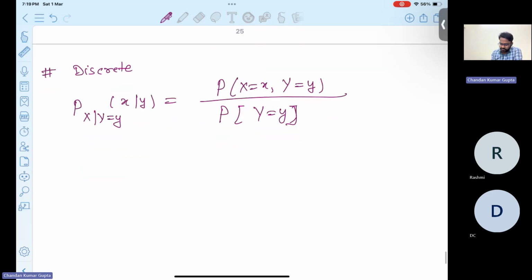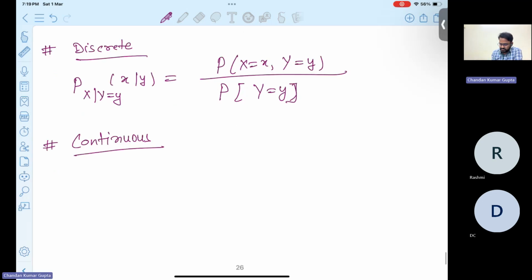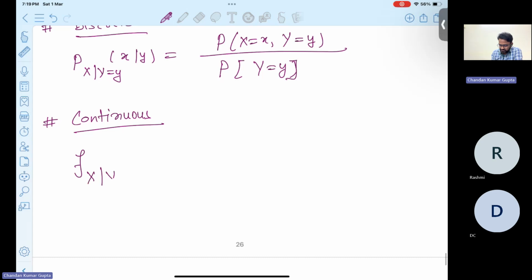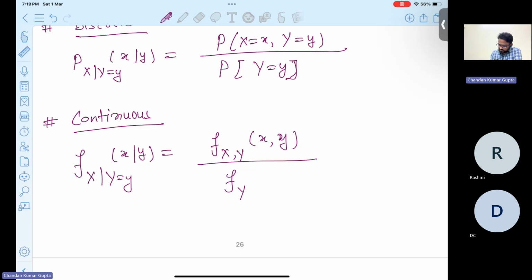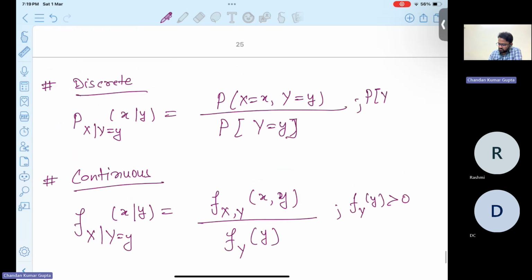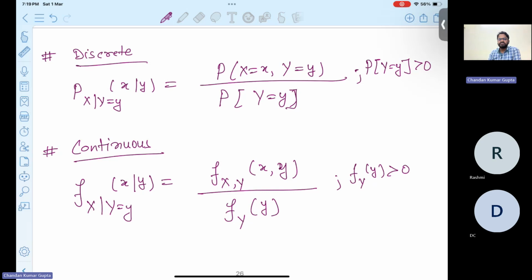And suppose we discuss the continuous case, in that case f of X given Y equal to y is the joint density upon f_Y, provided f_Y is greater than 0, and here also Y equal to small y is greater than 0, so that it is a valid PDF.